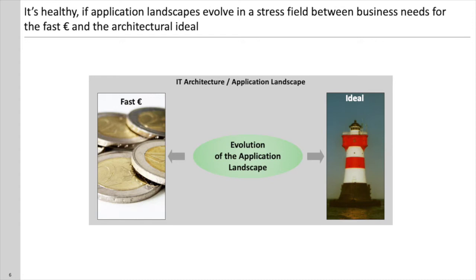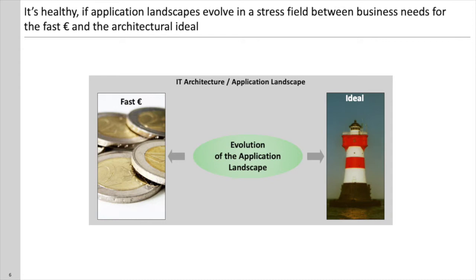And what we say is the ideal is our tool to keep a healthy balance between that fast euro requirement that is always there and our own goal to keep the IT landscape, application landscape in good shape, to keep it architecturally as sound as needed to be able to manage it.